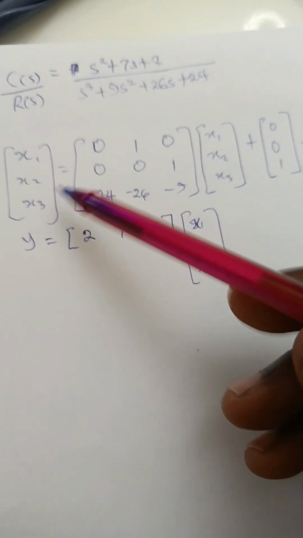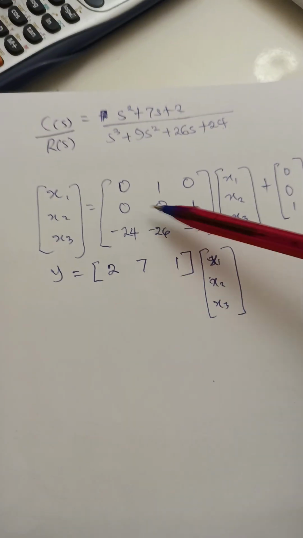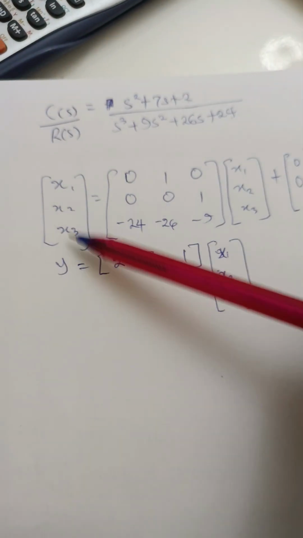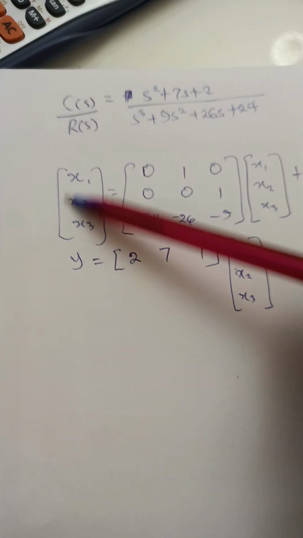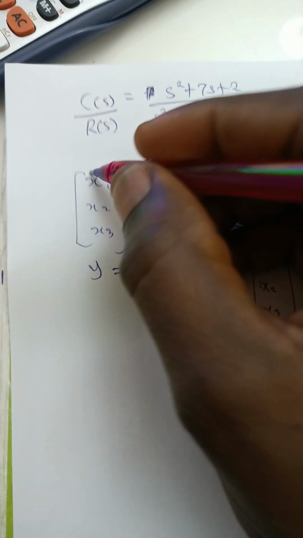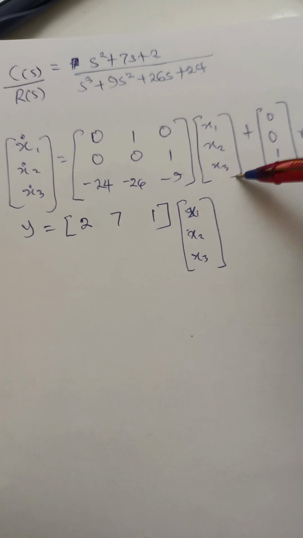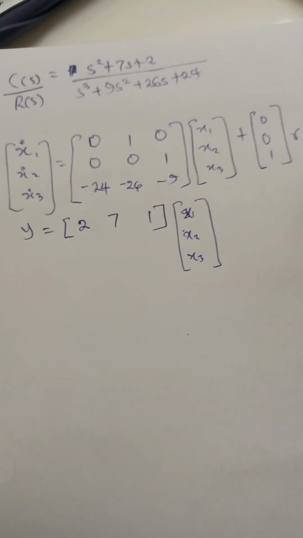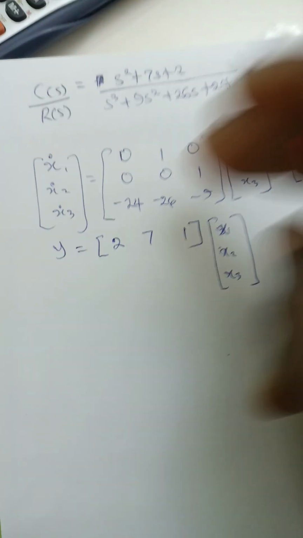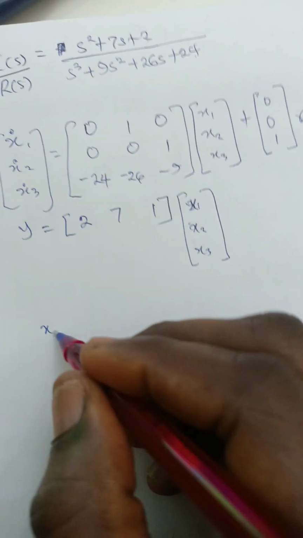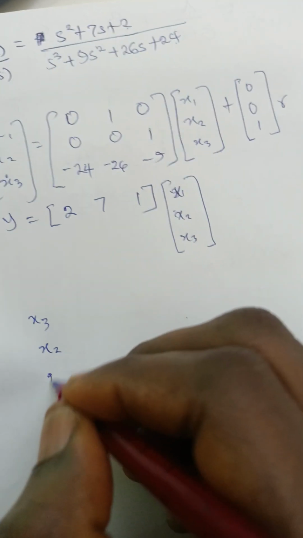Now for controller canonical, we are going to leave this matrix as it is. Then we are going to reverse this x1, x2, and x3 dots. We're also going to reverse this and reverse this. The matrices themselves we leave as they are, so it will become x3, x2, x1.